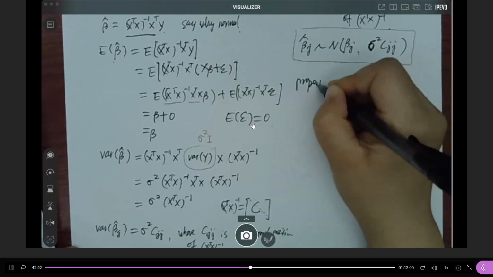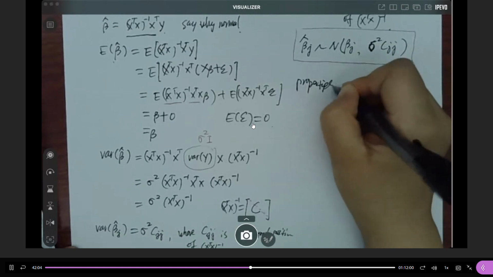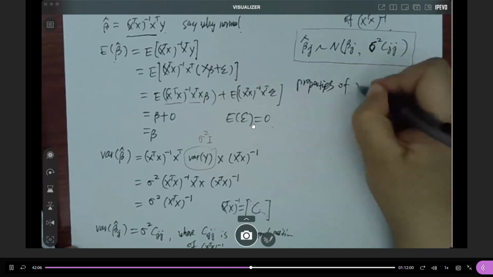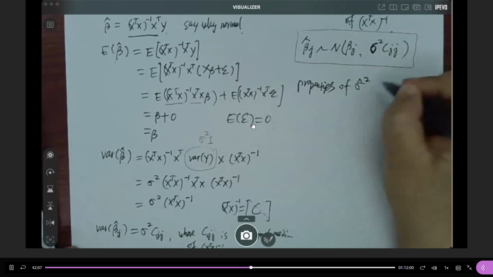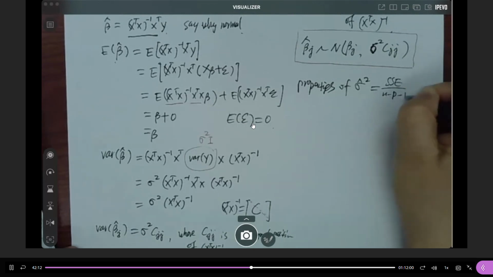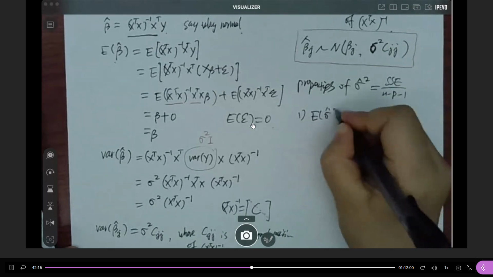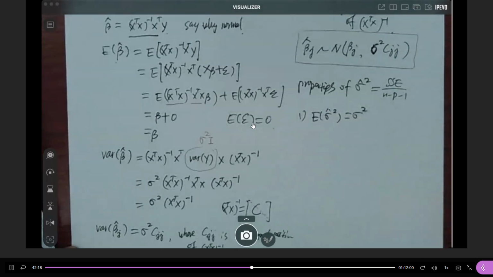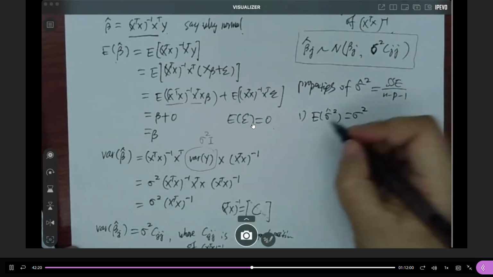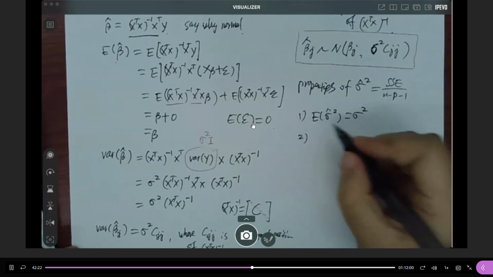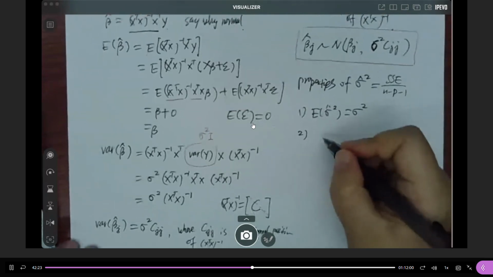So we also want to add a few words about the properties of the estimated sigma hat squared, defined as SSE over n minus p minus 1. First, we know that it's unbiased. This is already proven.